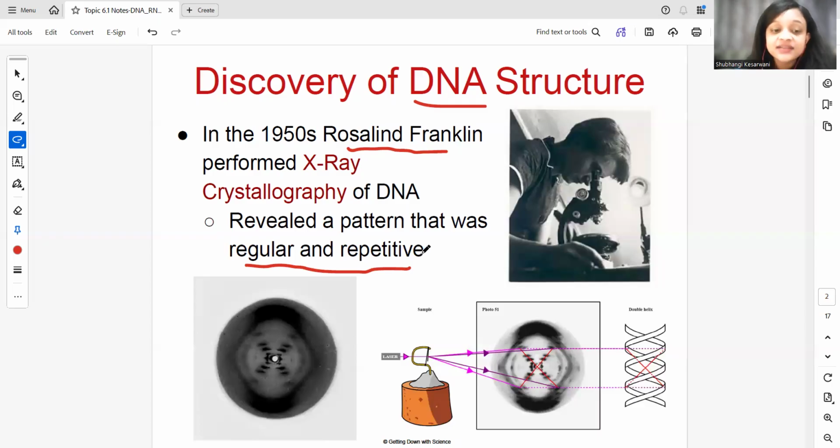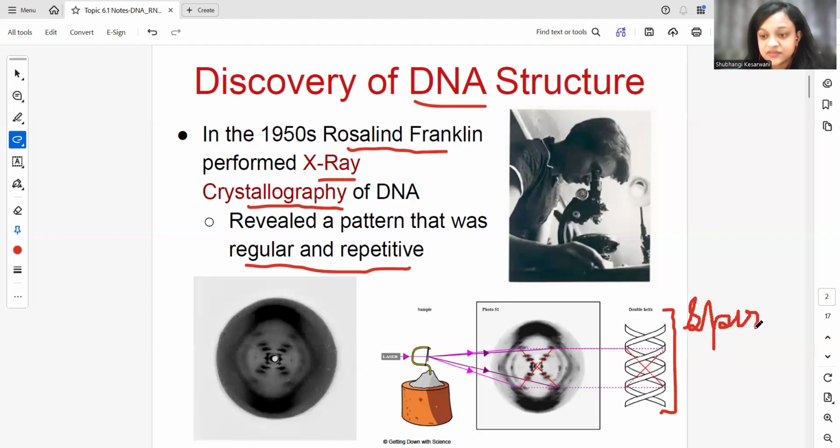Exactly, that's how we learned that DNA has a regular spiral shape. Do you see? This is a kind of regular spiral shape. Rosalind Franklin gave us this mechanism, which is called X-ray crystallography. That's how we got to know that DNA looks like a spiral shape.